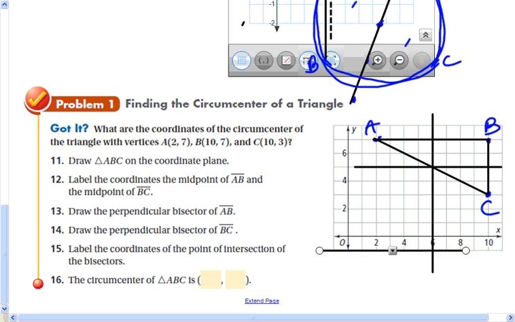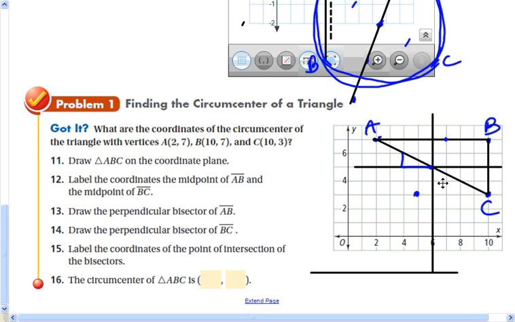I would need the slope of this one. This slope is -1/2. You see that there, so I would need to have a slope of 2/1, which would put me points here, here, here.